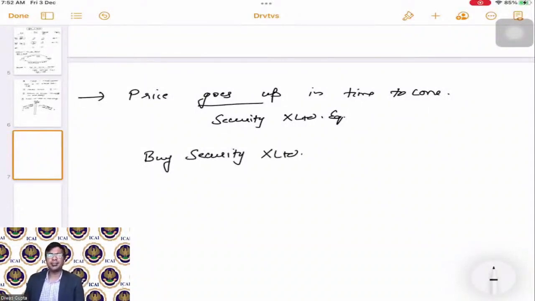And since the information was very true, once the price goes up, I will sell it.